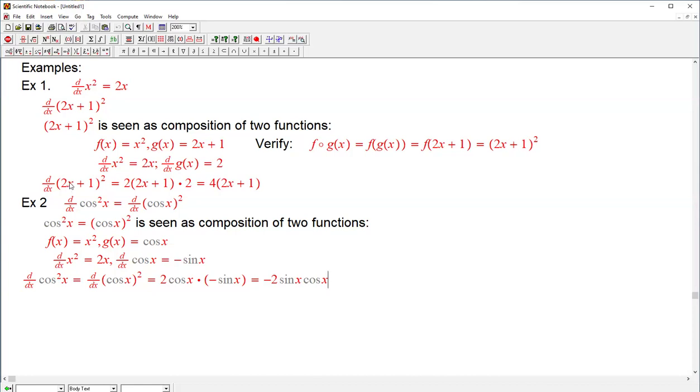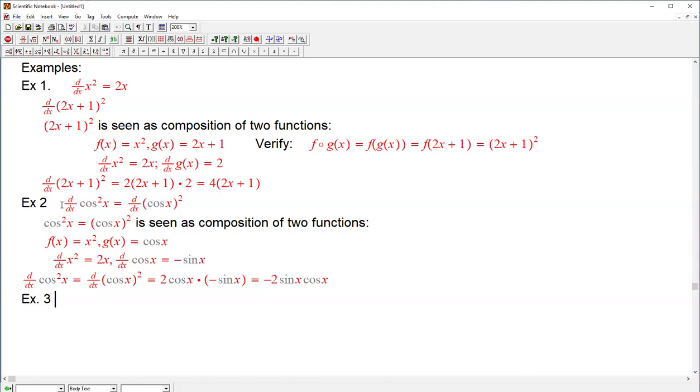Let's look at another example. We've been using x squared multiple times, so let's look at something else.